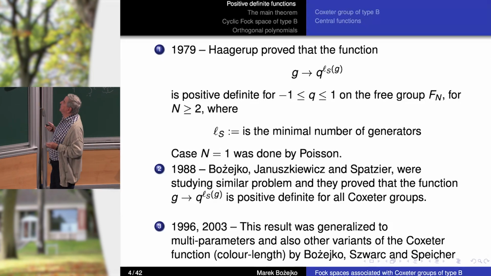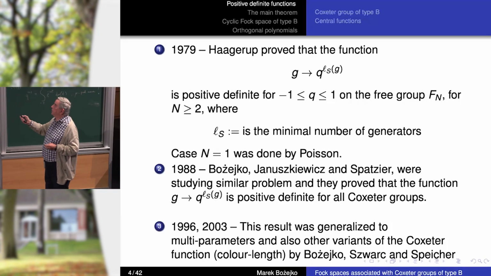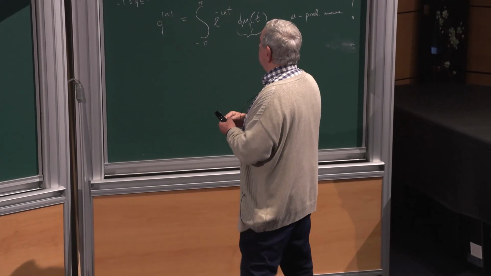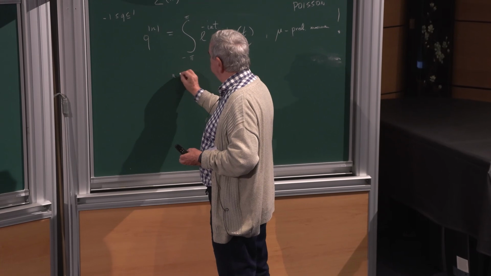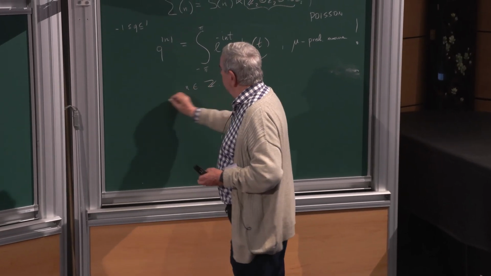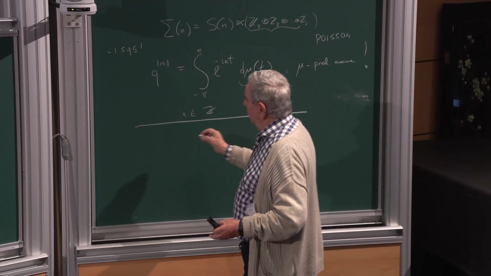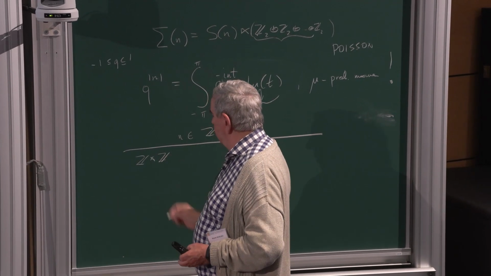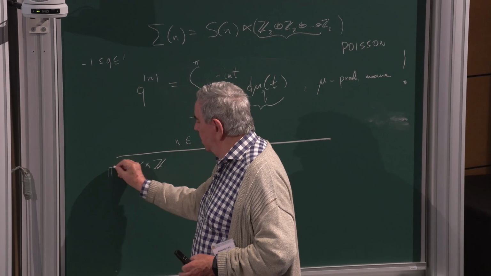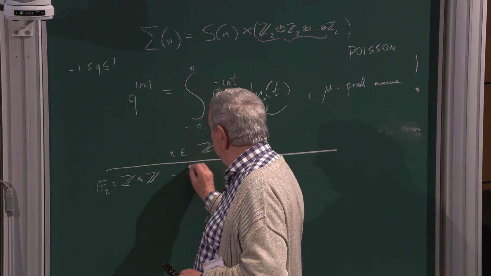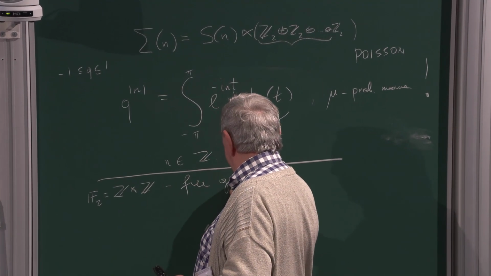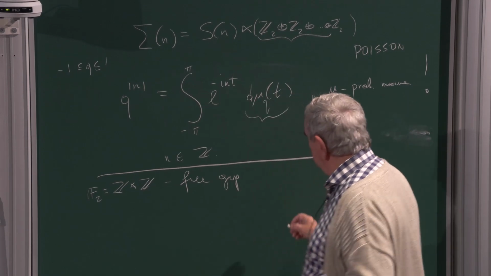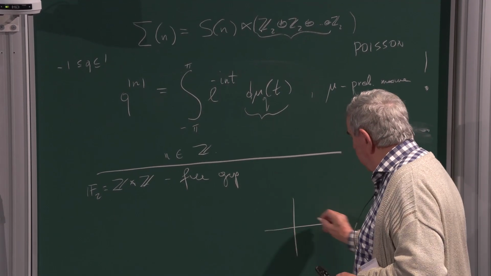This is Poisson's case, for n in Z. But the question was, what about the free product of Z? This is the free group on two generators, the free group.